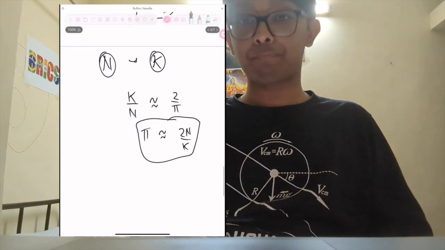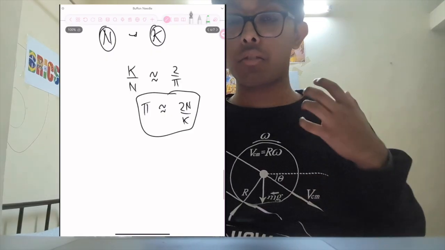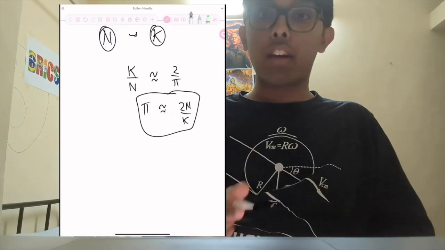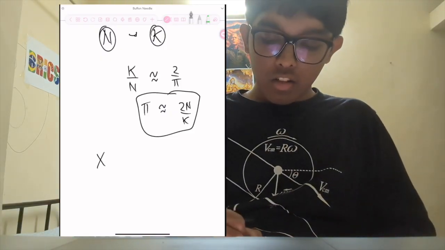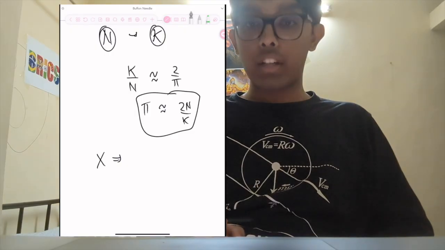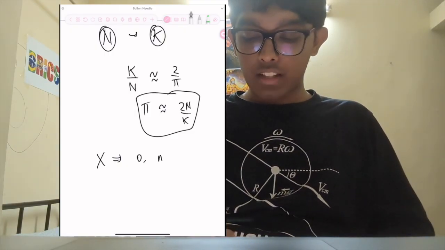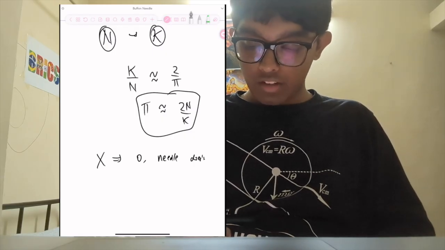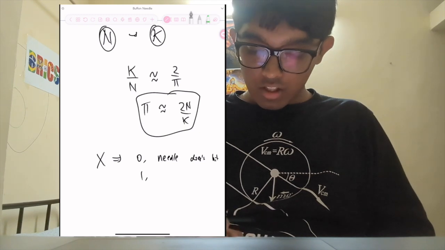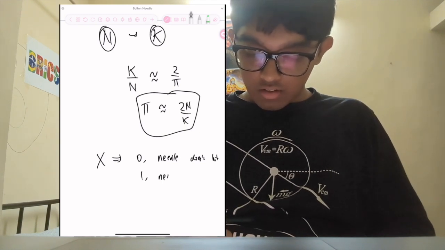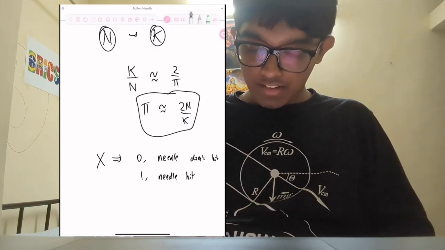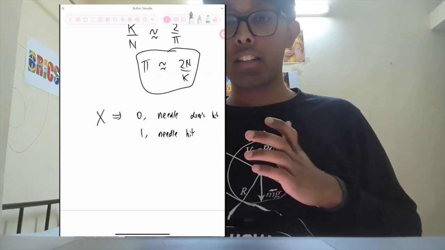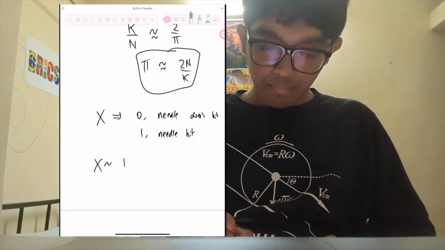Pretty neat formula. Now, another interesting thing, we can also set confidence intervals, because we can define a random variable X, where we say that it gives 0 if needle doesn't hit, and 1 if needle hits. And obviously since it's a 0 and 1, we can see that X is a Bernoulli distribution.